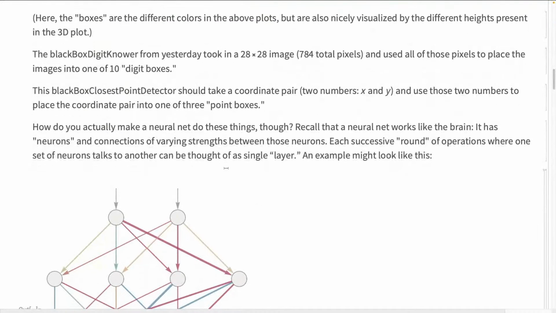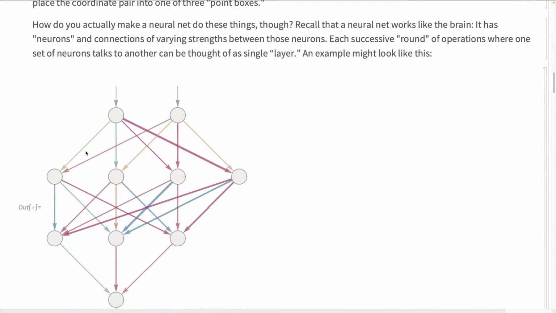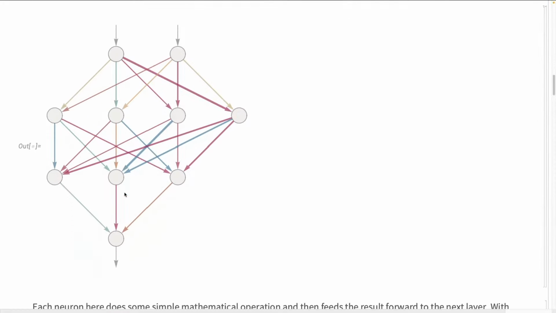So how do you actually make a neural net learn these things? How do you make it perform this task? Again, a neural net works kind of like a brain. It has neurons and connections of various strengths between the neurons. Each successive round of operations where one set of neurons talks to another can be thought of as a layer. You've got some input signals here, say X and Y. Those come in, and this is the first layer here.